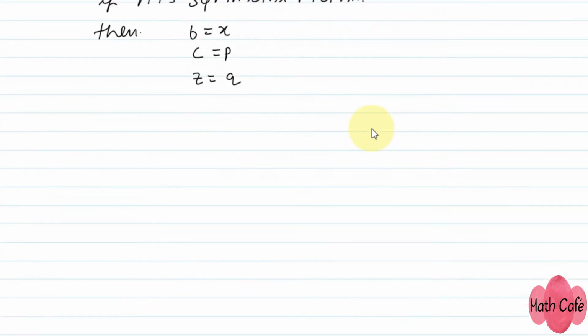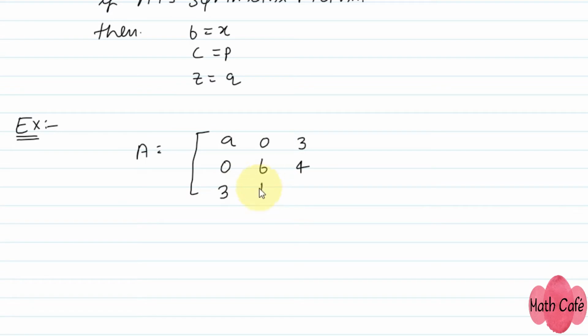Let's take another example. If any matrix A is written as 0, 3, 0, B, 4, 3, 4, and C. In this question we need to verify whether the given matrix is a symmetric matrix or not.